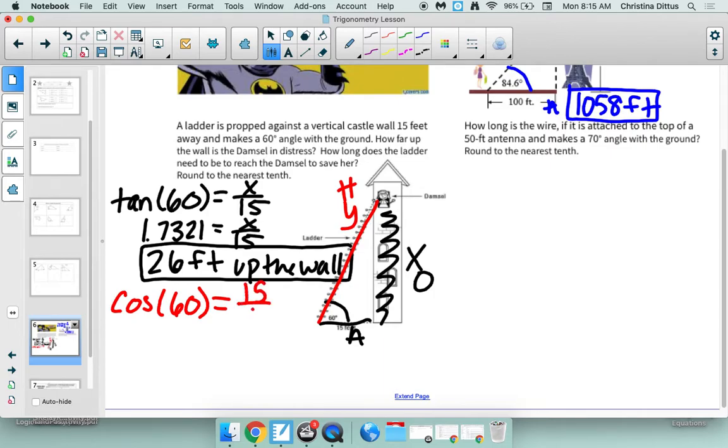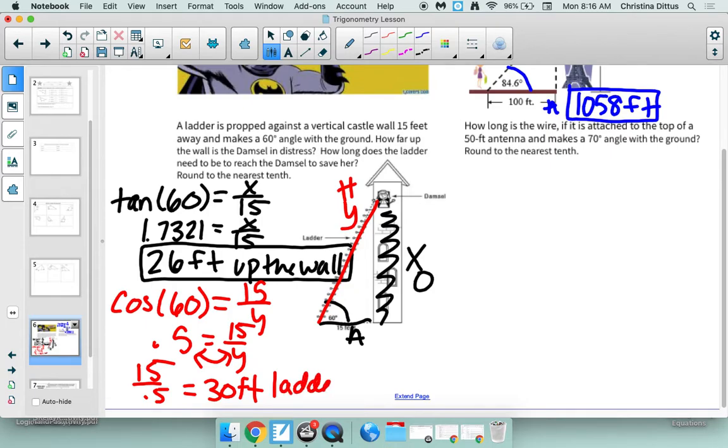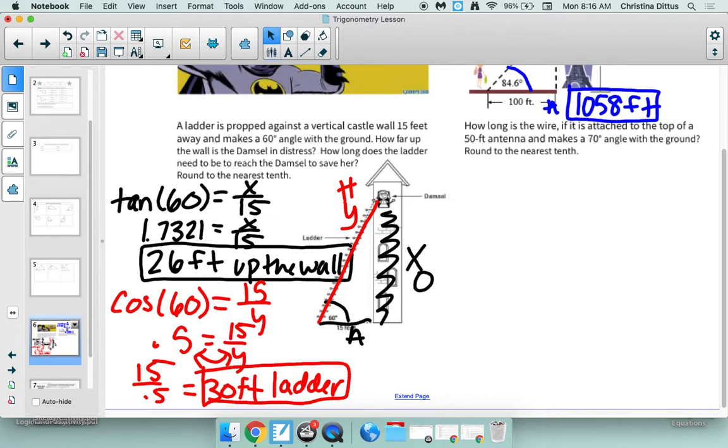What is the cosine of 60? 0.5, so 0.5 equals 15 over y. y is on the bottom, so what am I putting in my calculator? Remember we talked about flipping these? 15 divided by 0.5. I bet it's 30. 30-foot ladder. That's not crazy. You told me it was unrealistic. They make 30-foot ladders, right? They definitely do.